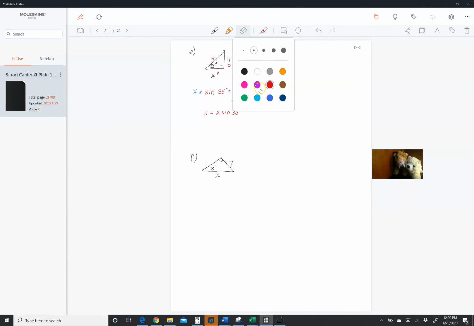Divide both sides by the sine of 35 so that you get x by itself. So we get that x is equal to 11 over the sine of 35 degrees. So again, it's okay if you go from sine of 35 equals 11 over x to x equals 11 over sine of 35. I'm okay with that, okay?